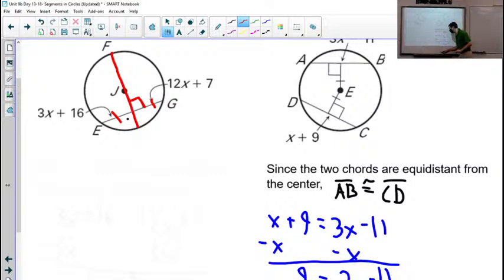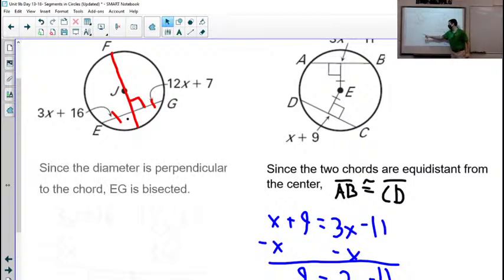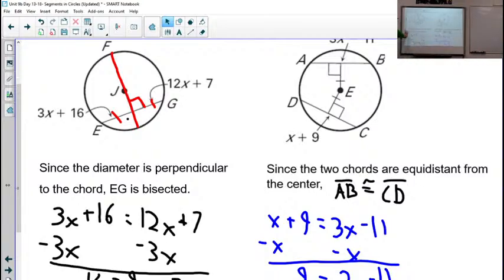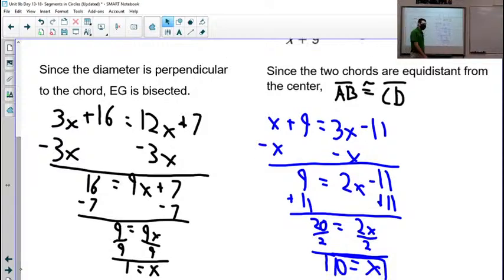So we are still setting these equal to each other, but it's for a different reason. Diameter is perpendicular to the chord, means the chord is bisected. Bisected means split into two equal pieces, so we can take the pieces, set them equal to each other, and we're going to solve. And we get 1 for x.